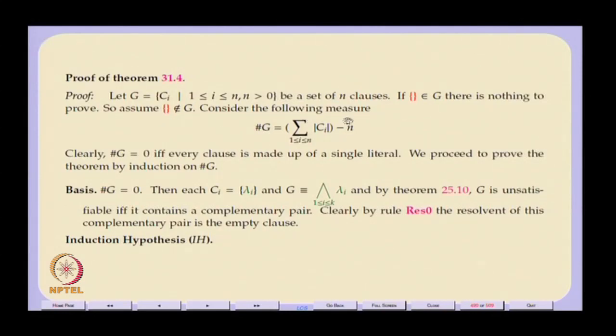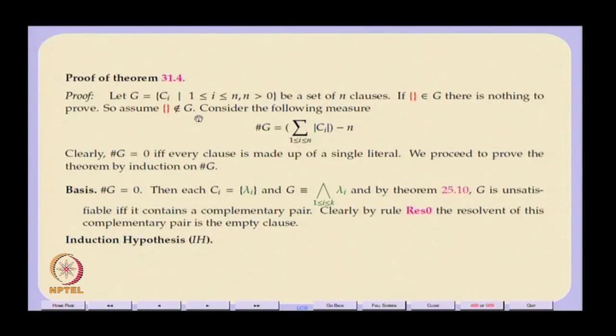And this is a theorem that we can prove essentially by looking at this measure. So you have a set G of ground clauses. If the empty clause is already in G, there is nothing to prove, so the entire set of clauses is essentially unsatisfiable.